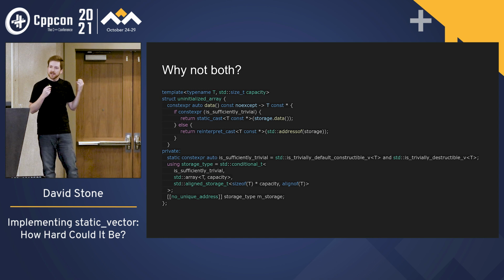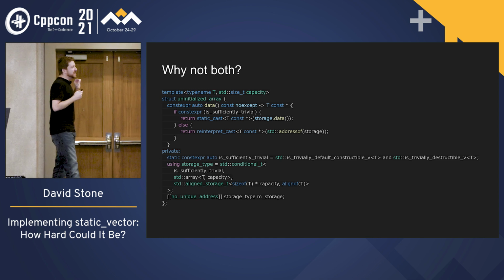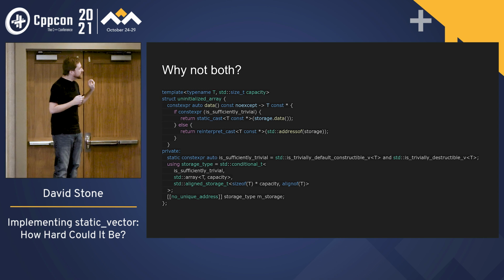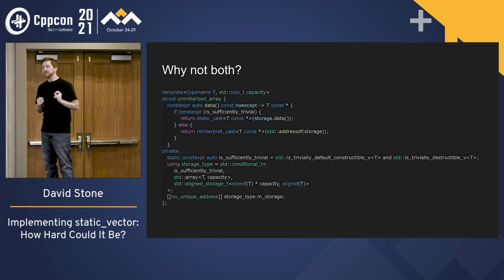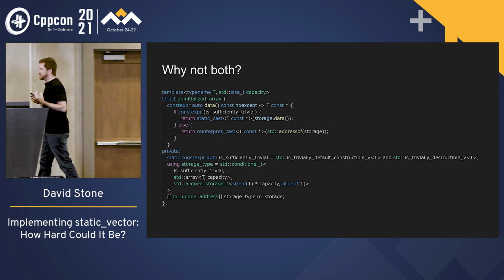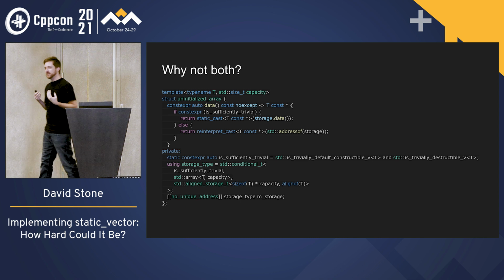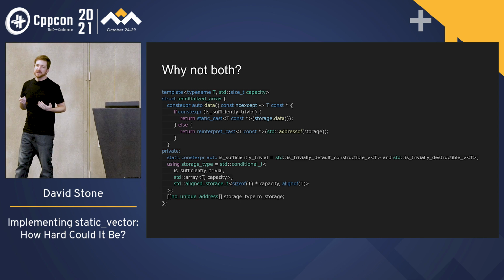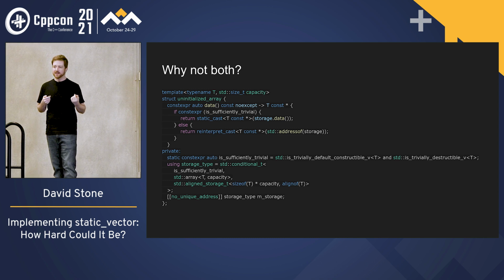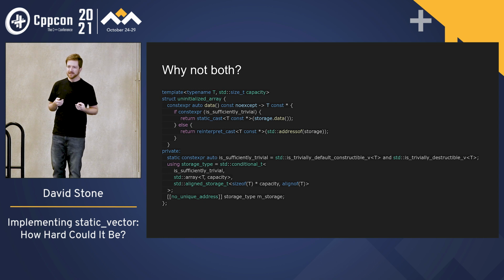Yeah, not so much. It turns out that it is possible to remove the trivially destructible requirement by getting really clever with unions. But the advantages of that are basically nothing, because I don't know of a single type that's trivially default constructible but not trivially destructible. That'd be a really weird type.